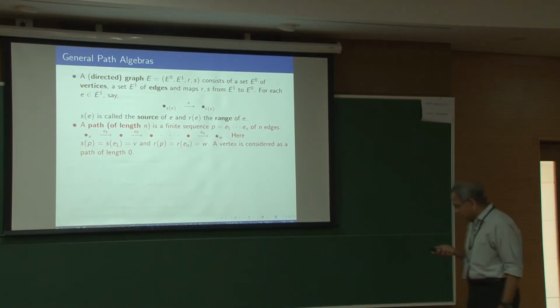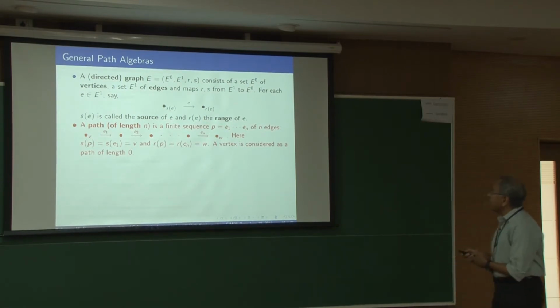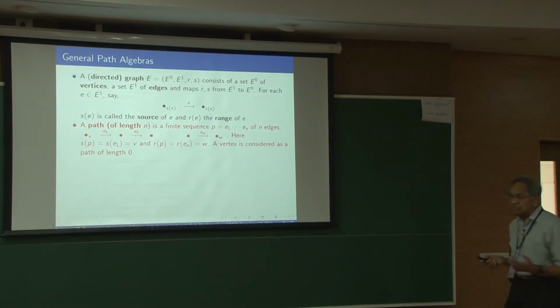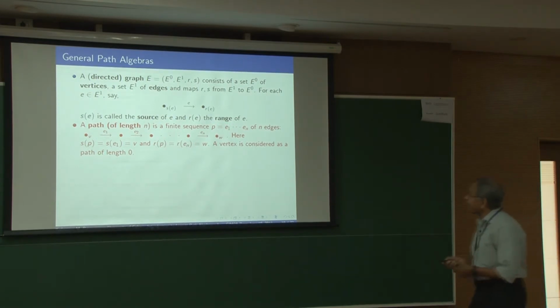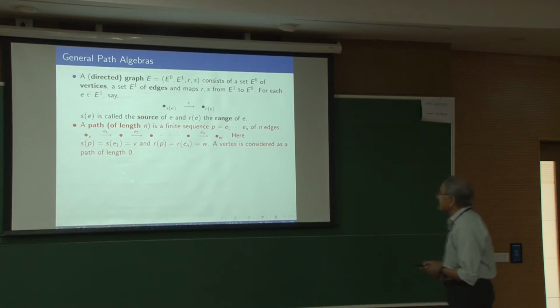And a path, as intuitively you know, of length n is a sequence of edges with the property that the end vertex of e1 must be equal to the beginning vertex of e2, and so on. In this diagram, this is an example of a path of length n.